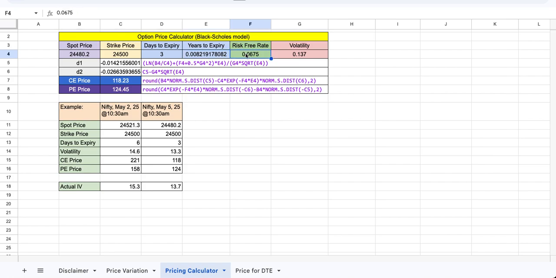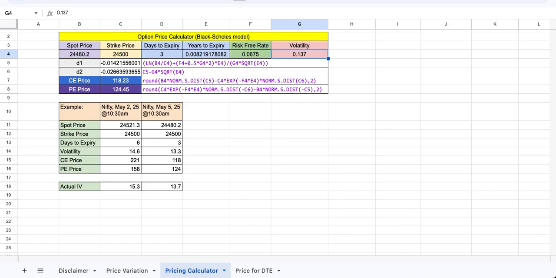The risk-free rate is a particular value which is constant for that underlying, so you don't need to touch this value. And the volatility is actually the implied volatility. It means how much the market thinks the underlying, that is Nifty, will fluctuate in the future within the expiry, on a yearly basis.